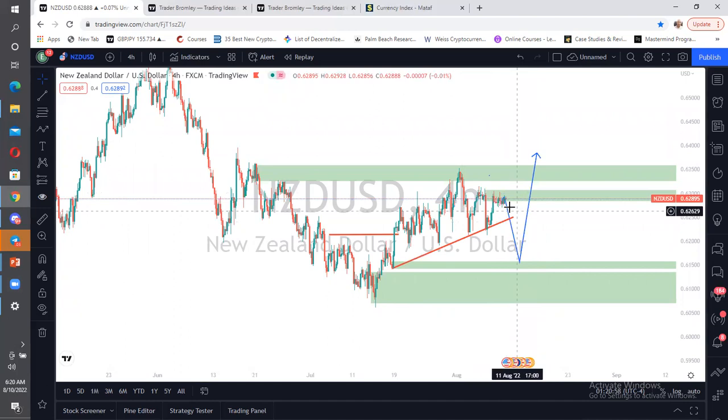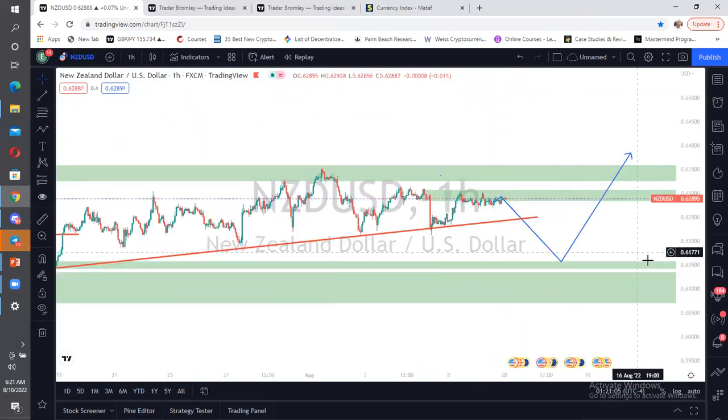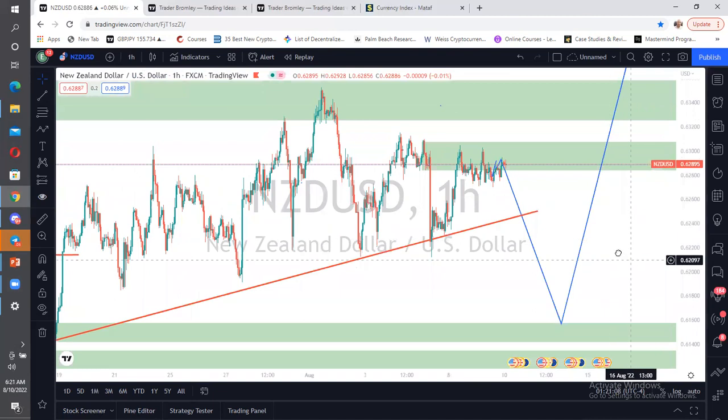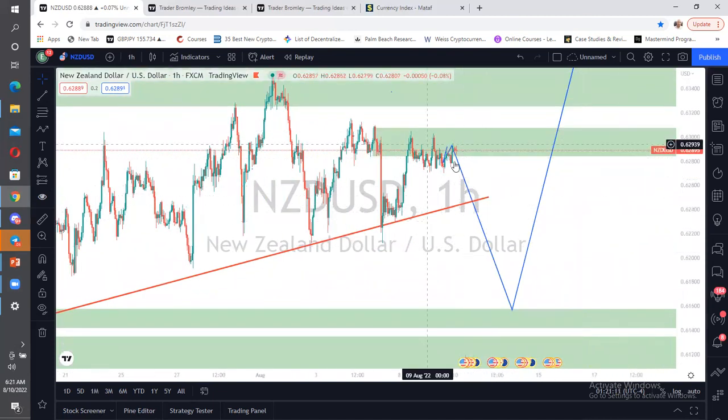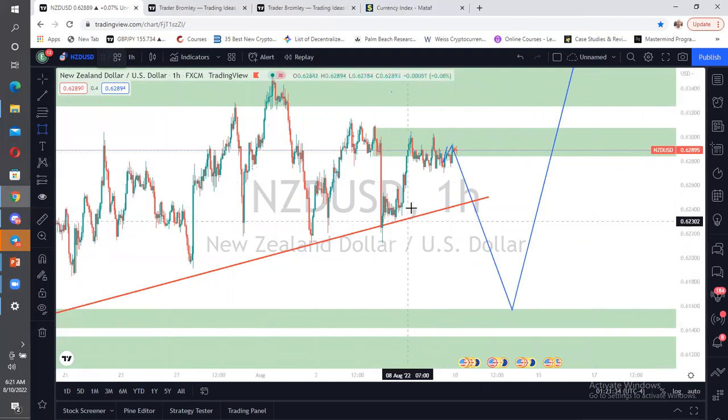So for me to get into this particular trade, all I need to do right now is go to a lower time frame, like the 1 hour time frame, and see what is happening there. As you can see, this is liquidity. They are just gathering this, and we'll have liquidity up, we'll have liquidity down. And down here we'll also have a kind of order block. And this zone here will also have a very important order block, because in this particular order block there is also an imbalance candle here.